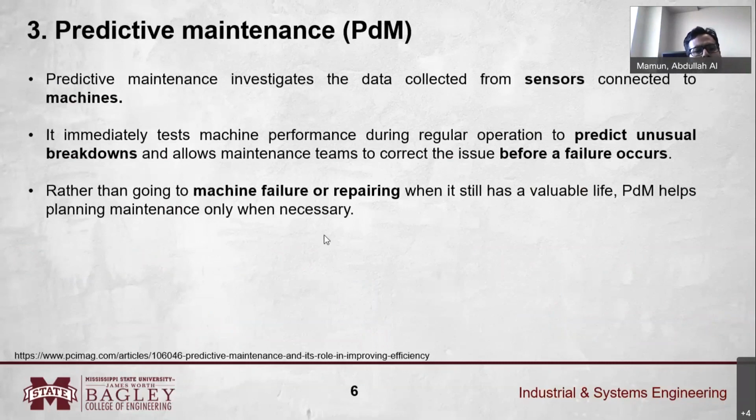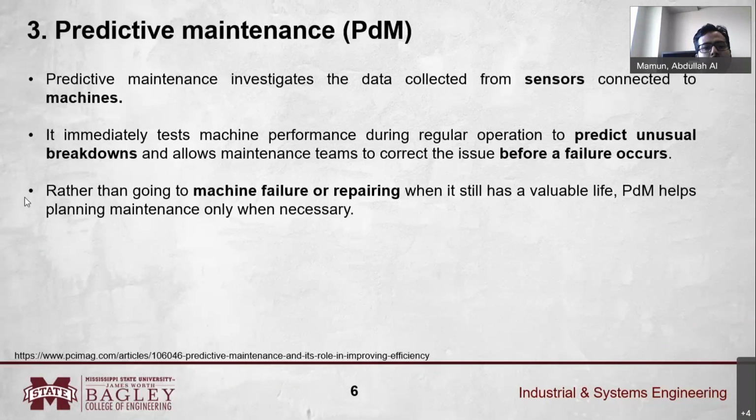The idea is that predictive maintenance relies on data analysis that can be incorporated with sensor vision connected to the machine, and it immediately tests the machine's performance during regular operation to predict unusual breakdowns, and it allows maintenance teams to correct issues before failure occurs.